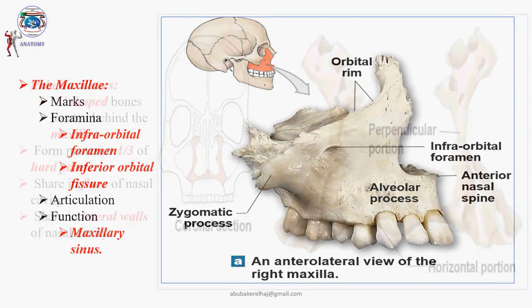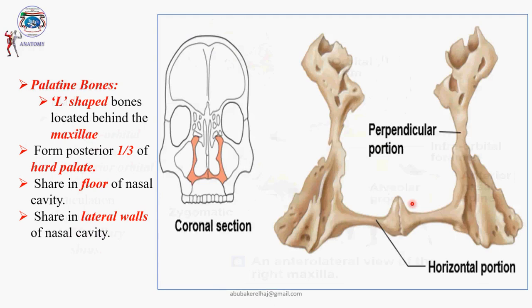Later on we'll discuss that. Okay, the bony part is L shaped. That means we have horizontal portions and perpendicular portions of this bone, and a little bit of projection at the junction between the two parts.